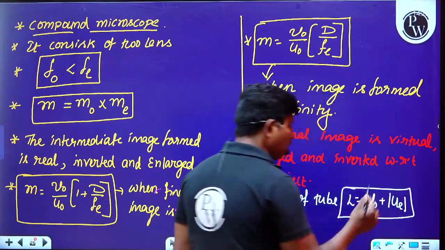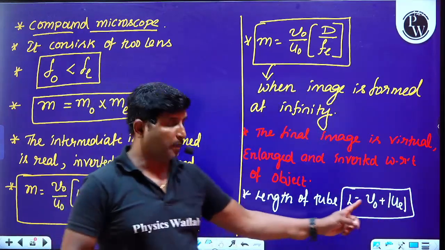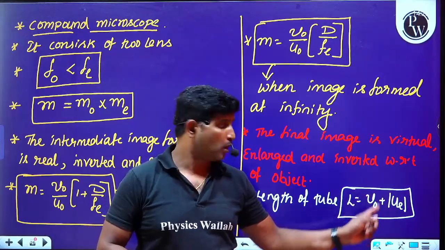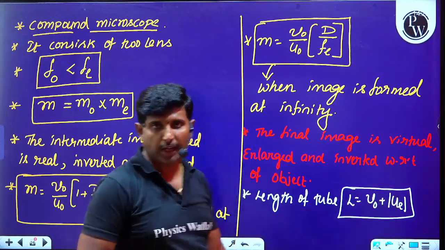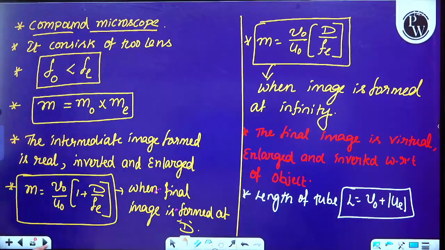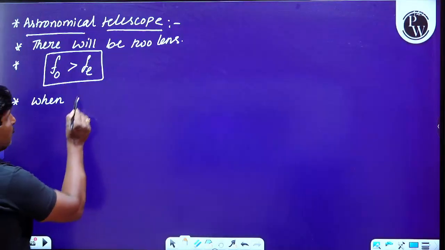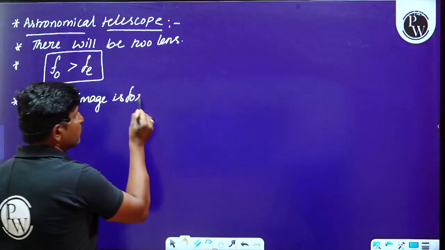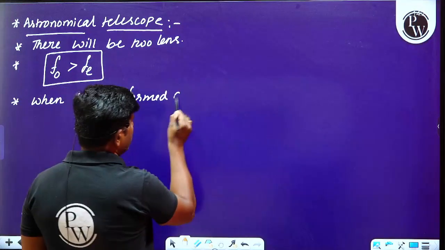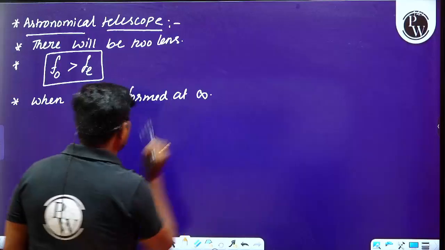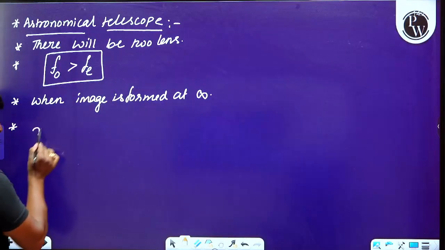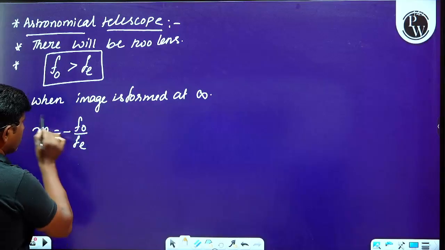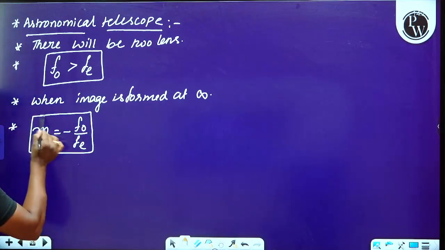That is the image distance with respect to the objective plus the object distance with respect to the eyepiece. When the image is formed at infinity, the magnification is equal to minus FO by FE.